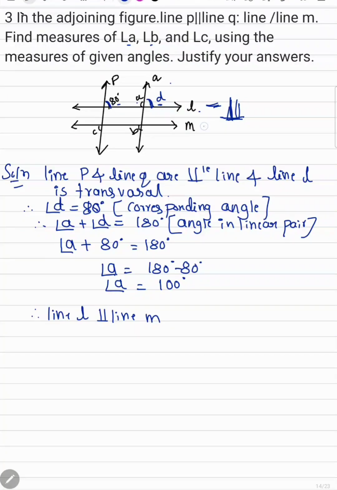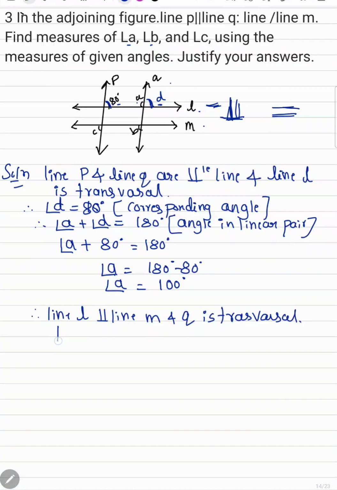L is parallel to M. Then here, taking P as the transversal, and then Q is also a transversal, which means equal.